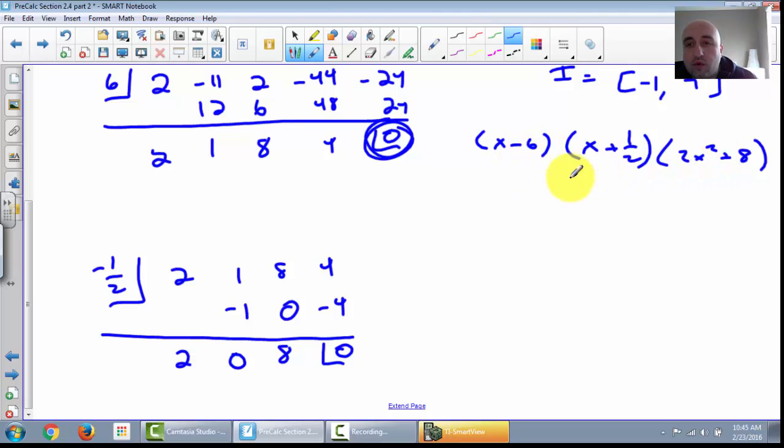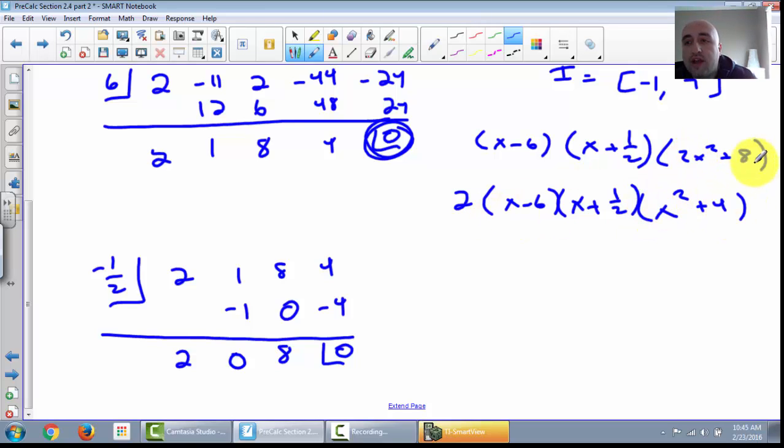So we already know 6 works, we already know -1/2 works, but let's do something with this. So I'm going to factor out a 2. I'm going to rewrite x plus 1/2 and take this 2 out of here. When I take 2 out, I get x squared plus 4. 2 divided by 2 is 1. 8 divided by 2 is 4. So I factored out a 2 here.